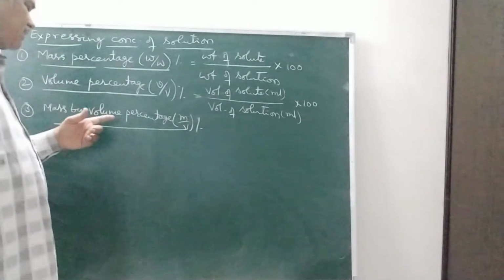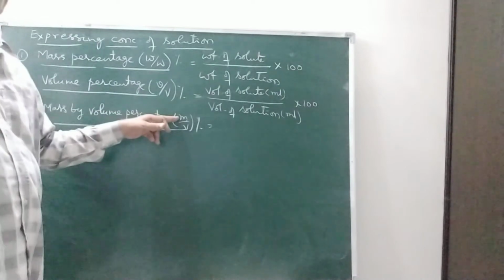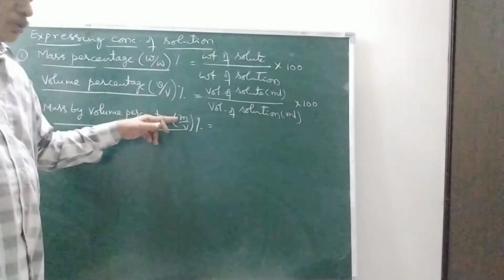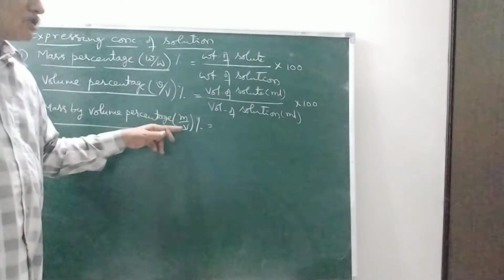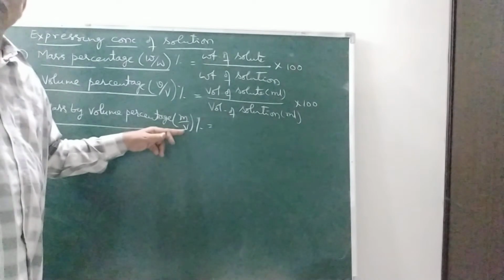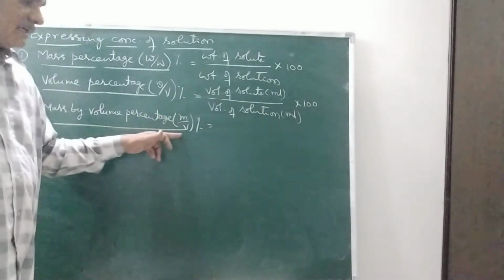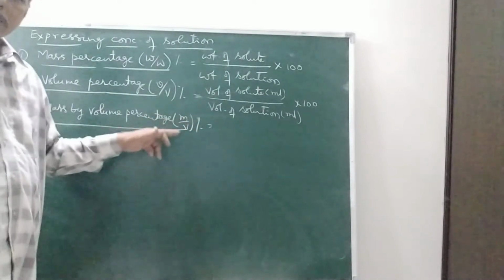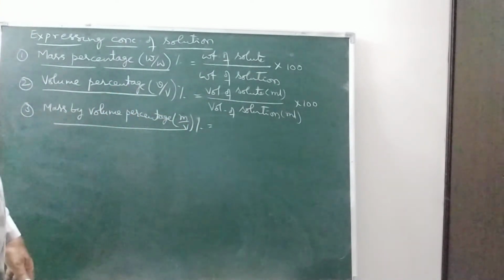Next, mass by volume percentage. So weight of solute. Mass means weight. Weight of solute present per 100 ml of the solution. That means we are taking volume of the solution. So weight of solute present in 100 ml of the solution is called mass by volume percentage.